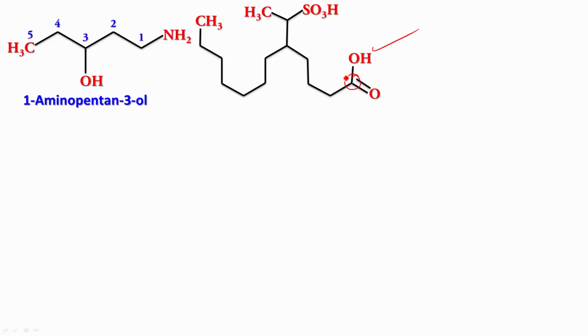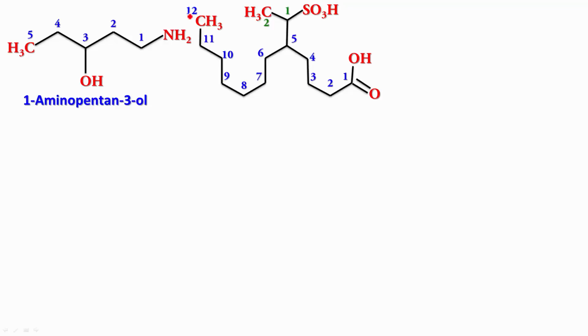And I guess the maximum number of carbon atoms can only be found in this chain. And obviously, the carboxylic acid carbon will get number 1. 1, 2, 3, 4, 5, 6, 7, 8, 9, 10, 11, 12. And as far as the side chain is concerned, 1, 2.